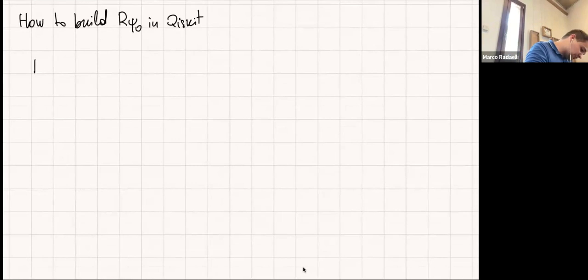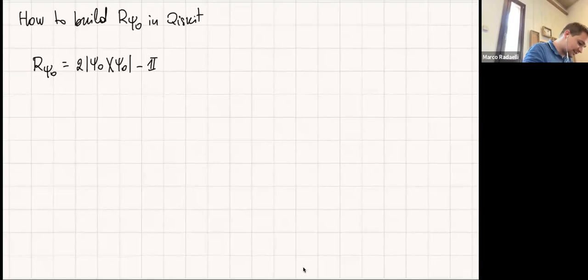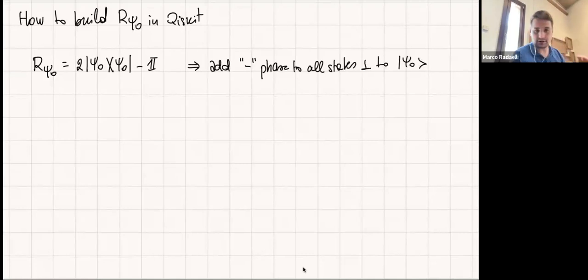What we want to do is something like this. R psi-not is twice psi-not minus identity. In other terms, what we have to do is add a negative phase to all states orthogonal to psi-not. This is our task.